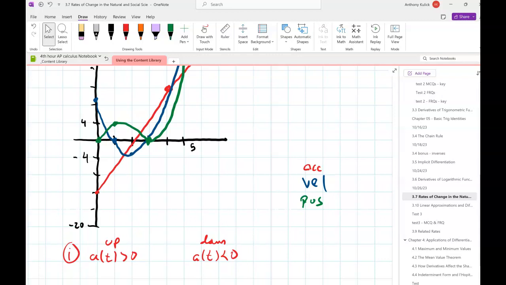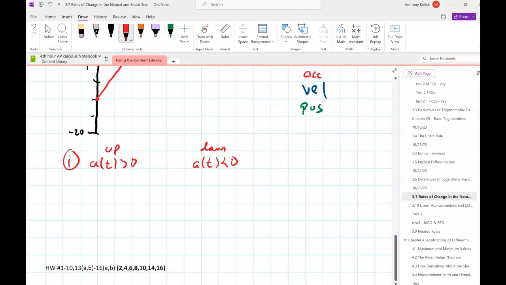How else could I have done that if I didn't draw the graph? The sign diagram, just like I did before. First, I solved that equal to 0. 6t minus 12 equal to 0. That's 2. Pick a value on either side, and that'll show me. That's 0 to 2, and that is 2 to positive infinity.